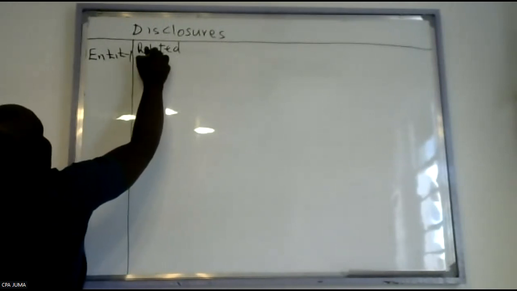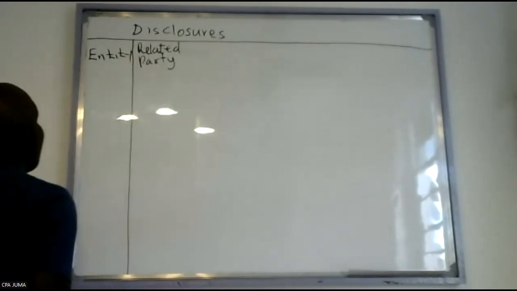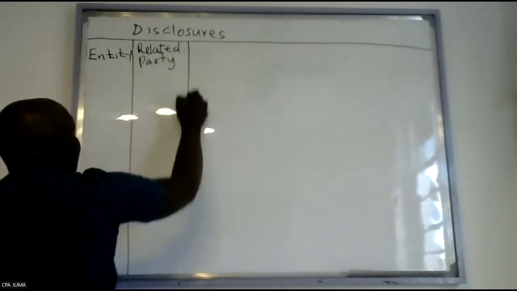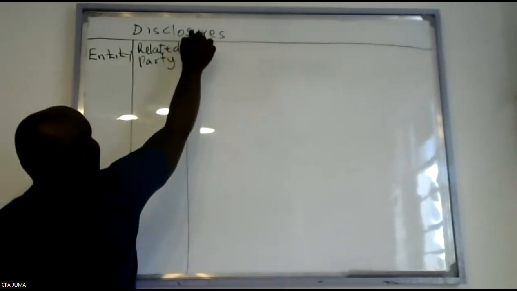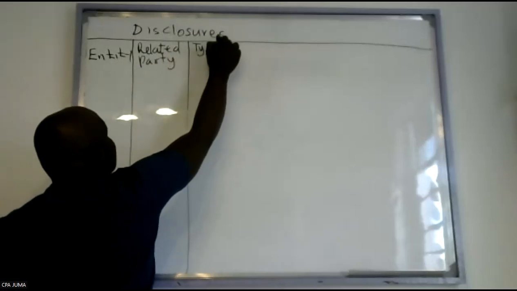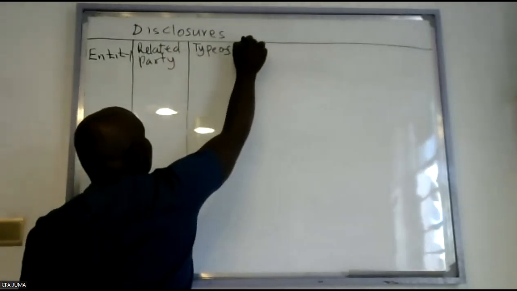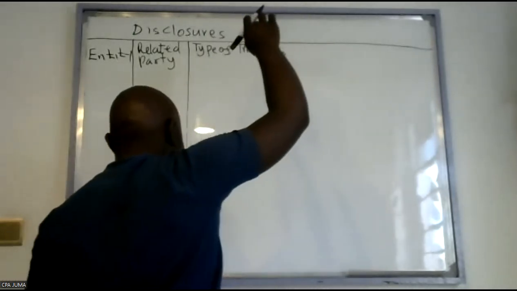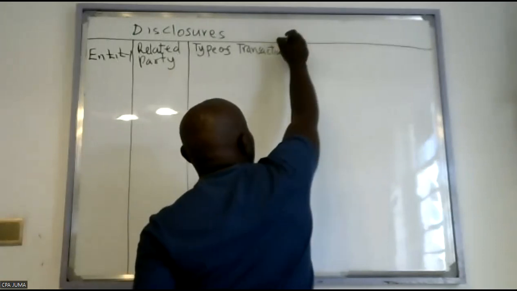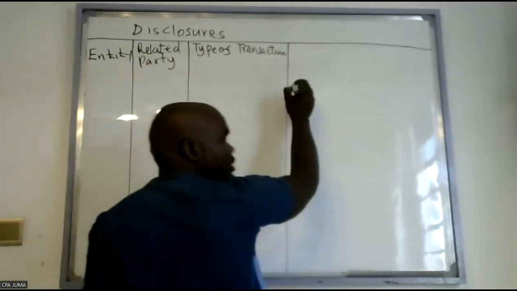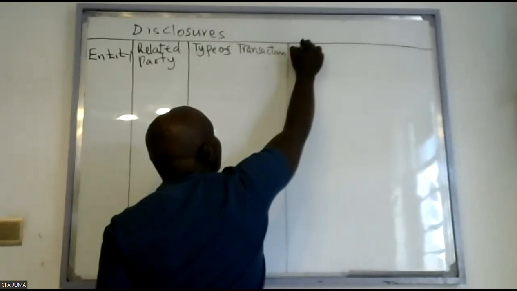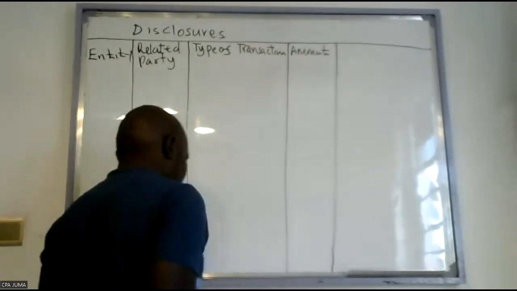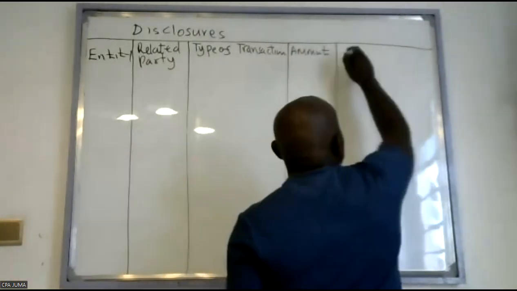Then you will tell me the type of transaction. Then you will tell me the amount involved. Then you will tell me the pricing policy.